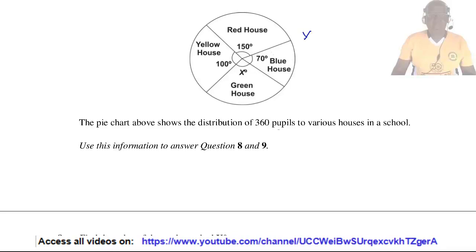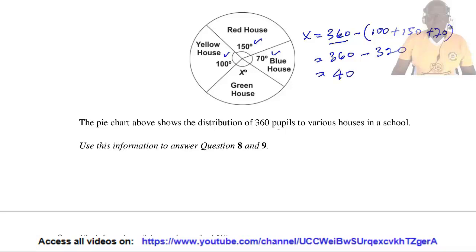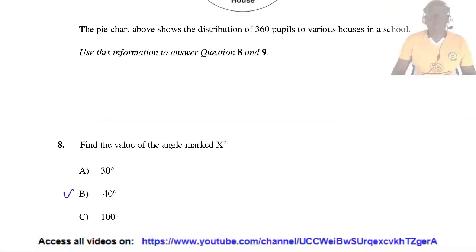The angle S equals 360 minus 100 plus 150 plus 70. This is because the sum of the angles in the pie chart add up to 360 degrees. So this is 360 and this adds up to 320. So the answer is 40, which is B.